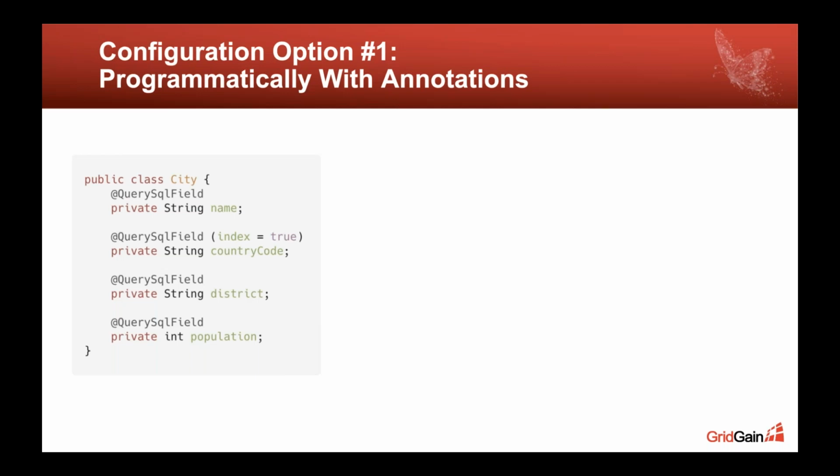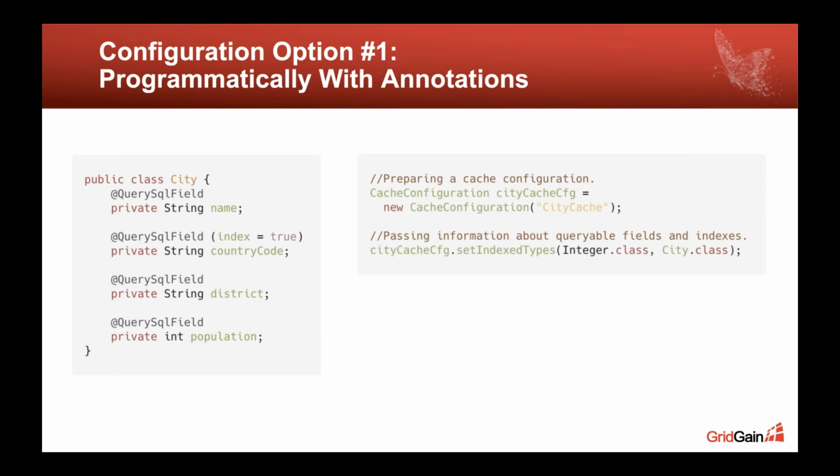At the same time, if any of these fields need to be indexed, then just pass in an additional parameter, index equal to true. And once you annotate all your POJOs this way, whenever you are creating a cache configuration in Ignite, you need to pass these annotated POJO classes into the setIndexTypes method.